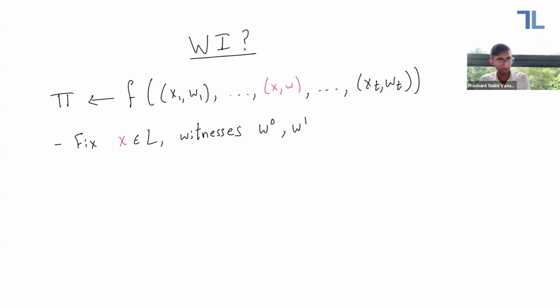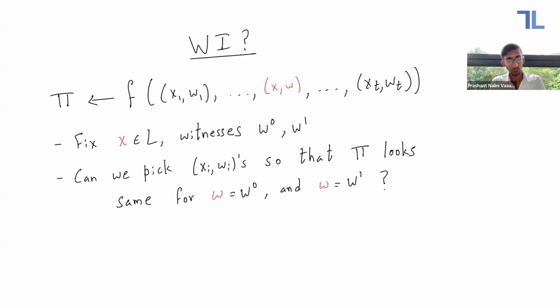Like fix some particular X that is in the language and two specific, distinct witnesses, W0, W1, of this instance X, okay? And let's try to get witness indistinguishability for just this instance and this pair of witnesses, right? And now I want to ask, is there a way that you can pick the other instances and witnesses so that the proof looks the same, irrespective of whether the witness W0 was given to the prover or W1 was given to the prover?